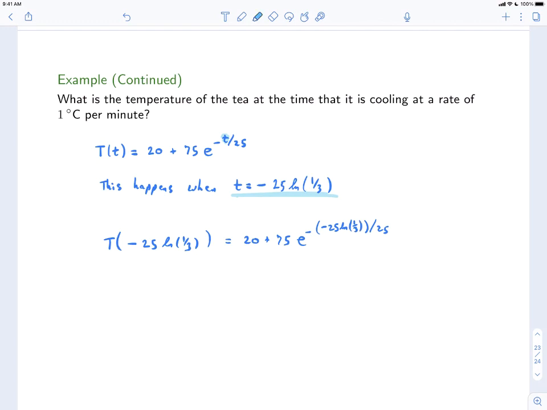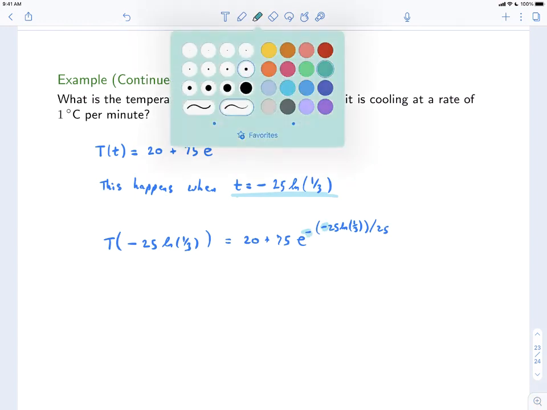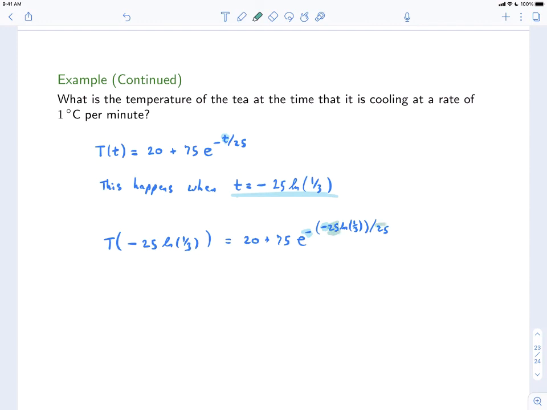Well, this minus sign cancels with that minus sign, and this 25 cancels with that 25, and what are we left with? We're left with 20 plus 75 times e to the ln of 1/3. Well, e to the ln of 1/3 is 1/3 using the cancellation laws. So this is equal to 20 plus 75 times 1/3. But 75 times 1/3, that's a third of 75, is 25. And so that gives us 20 plus 25 is 45.